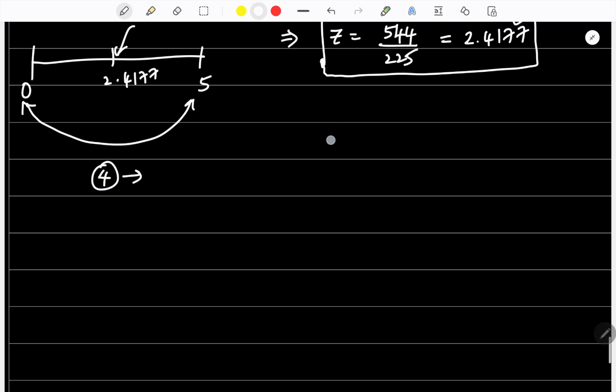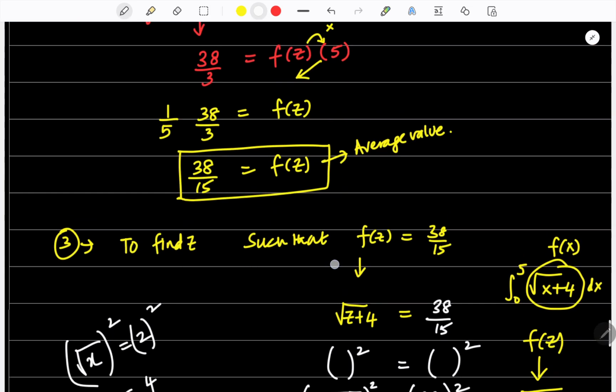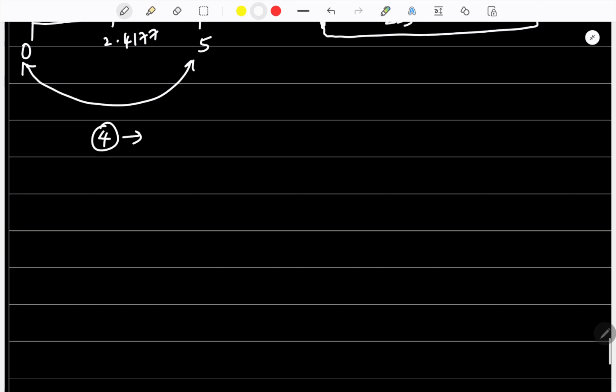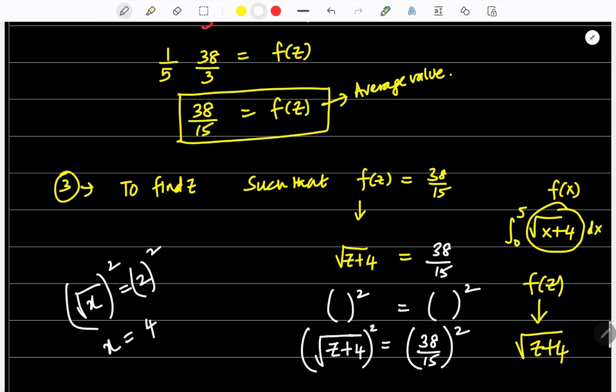Next step number 4. Actually, it's 3 steps, but here it is 4. Why? We did the integration. So now what we are going to do is find the average value. You must write the formula: the integral from a to b of f of x dx times 1 over b minus a. After that you take this value.